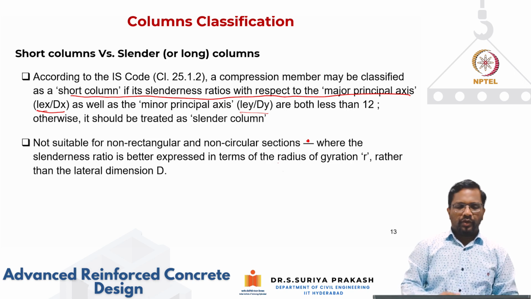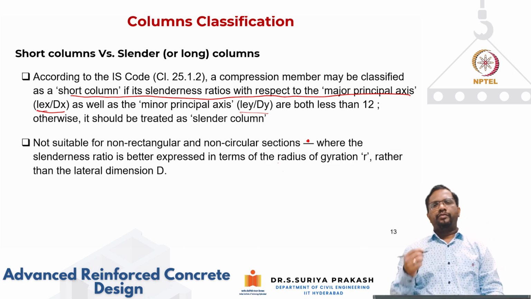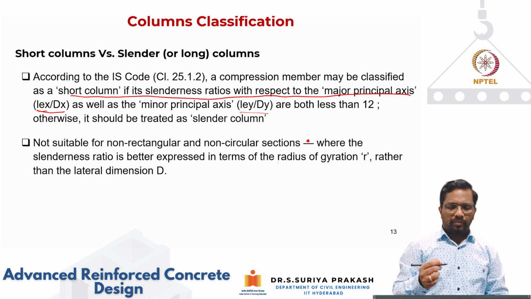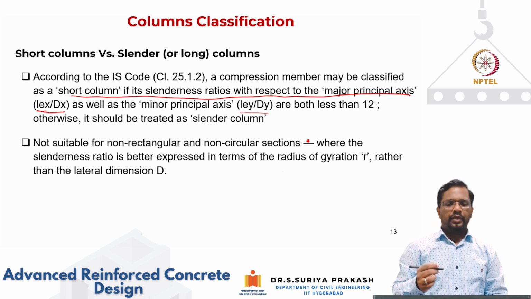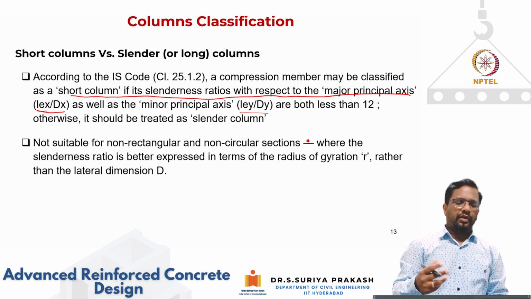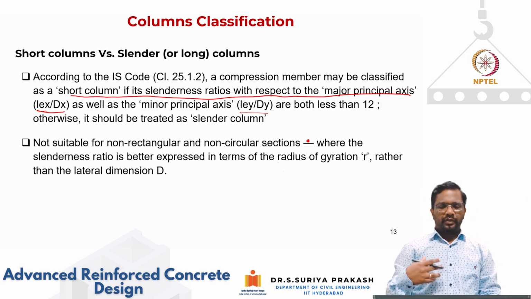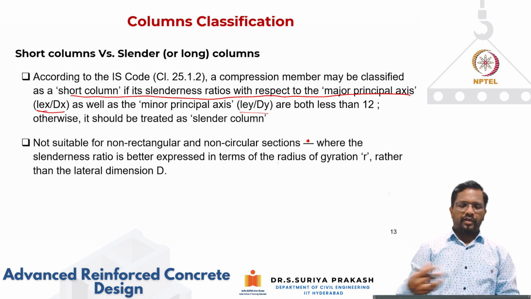Right. Actually, this definition is not correct, especially for people who practice steel structural design. It is not actually a correct definition, but the IS code tries to keep it simple. So they have defined it in terms of effective length divided by the lateral dimensions.